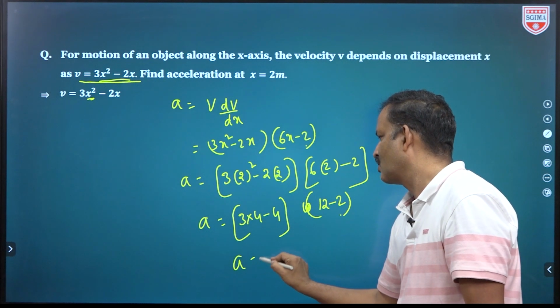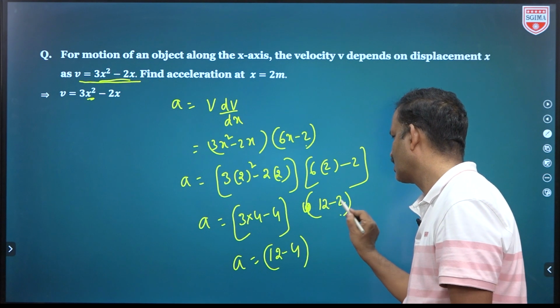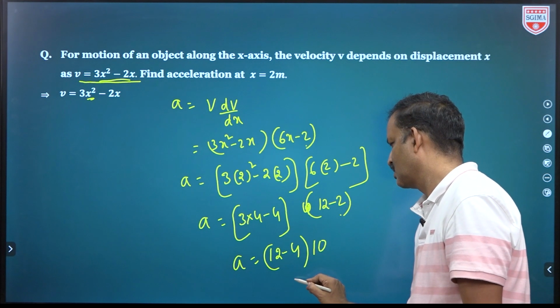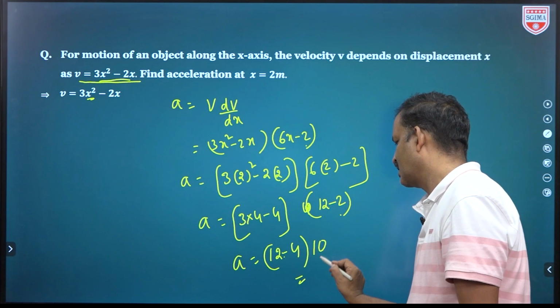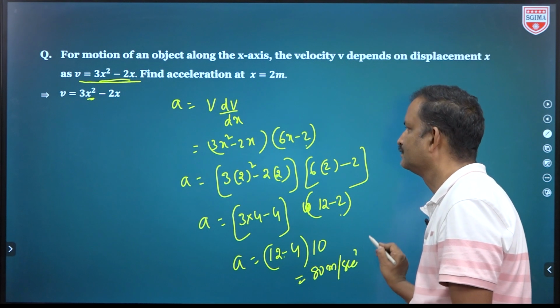So a is equal to 12 minus 4, into 12 minus 2. So 8 into 10, 80 meters per second square.